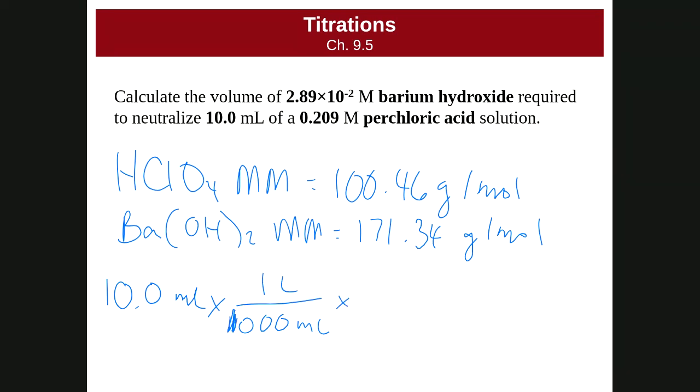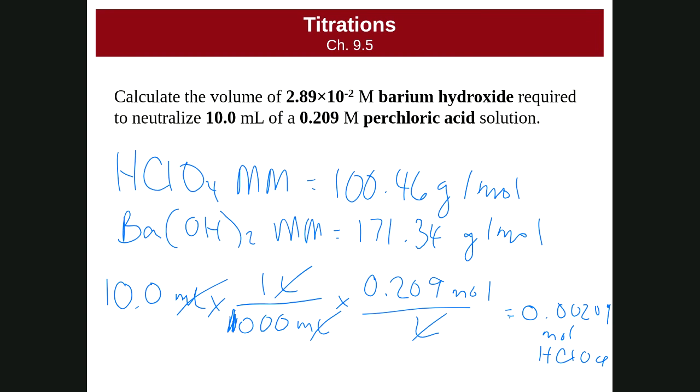And then we're going to multiply by our concentration, which is in molar. So that's moles per liter. Cancel out milliliters and liters, and we find out that we have 0.00209 moles of perchloric acid.